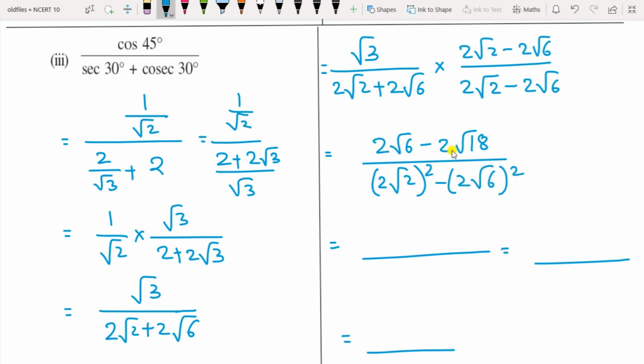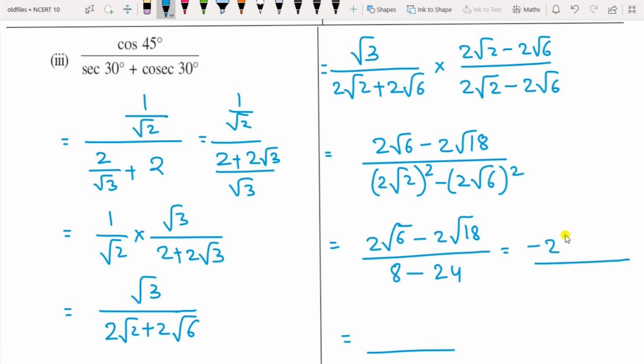Now from the numerator, write its square first. 2 root 6 minus 2 root 18 upon, now this square is 4 and root 2 squared is 2. So 4 times 2 is 8, minus 4 times 6, which is 24. Now I am taking this term first and the minus sign is also common.